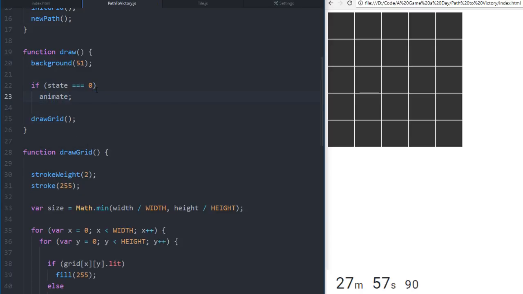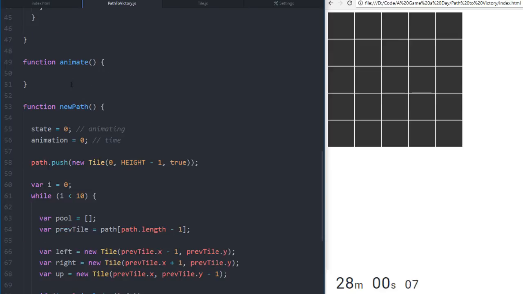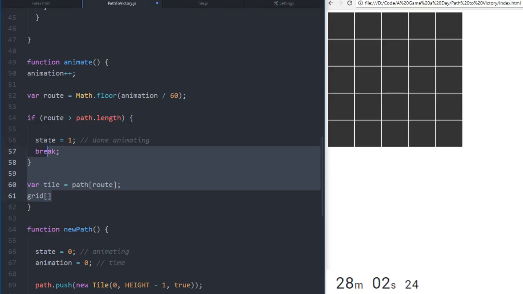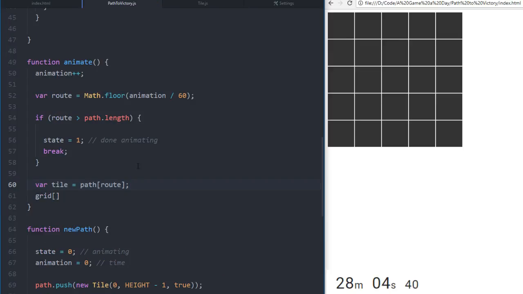Animate. We'll say there. We need to tab this up a tad. There we go. And we'll just say return. So grid of tile.x, tile.y, and I think it's actually tile.y, tile.x, to be quite honest.